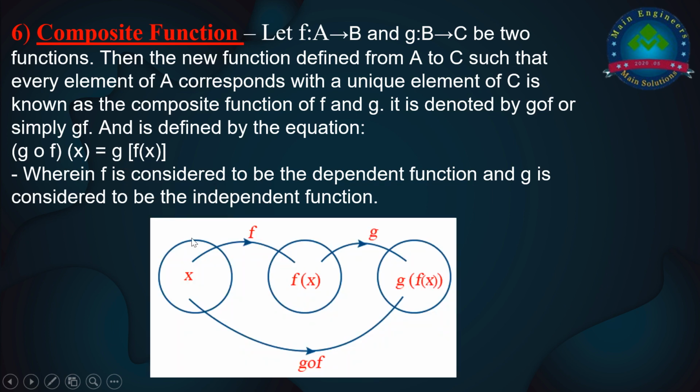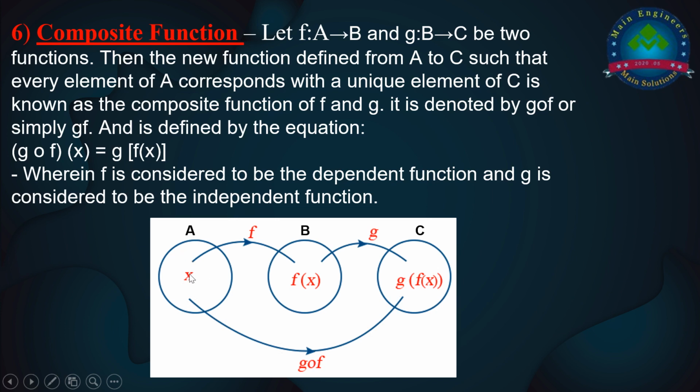Then let's give an example. Let's say three sets appear, A, B and C. As we see, this is set A, this is set B and this is set C. So f: A to B means f is a function of A and B, and g: B to C means g is a function of B and C. If we calculate the function from A to C, then that function is called the composite function g o f.